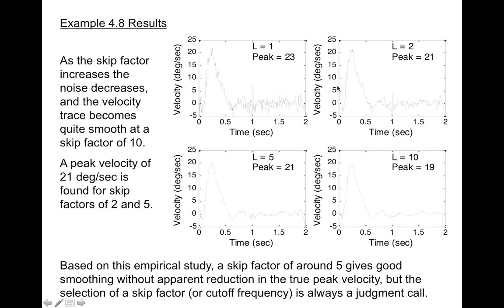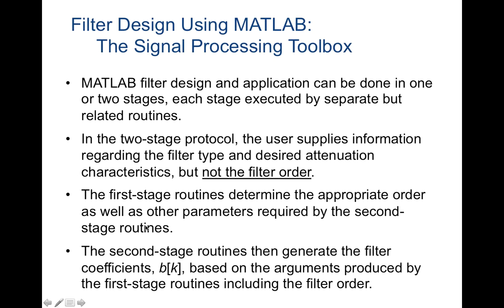We're actually decreasing a little bit in that velocity. Based on just sort of an empirical study, the skip factor of 5 gives you pretty good smoothing, but you don't get a great deal of loss. When we go to 10, notice that you're dropping by about 10%. But once again, this is a judgment call and is usually done empirically, based on some knowledge of what it is you're actually looking for.